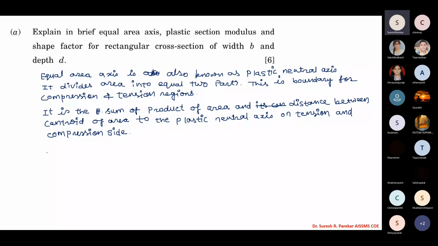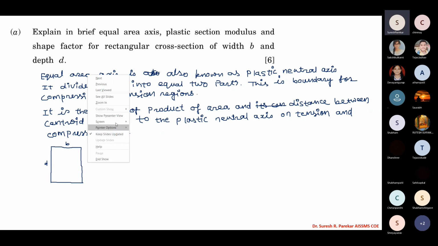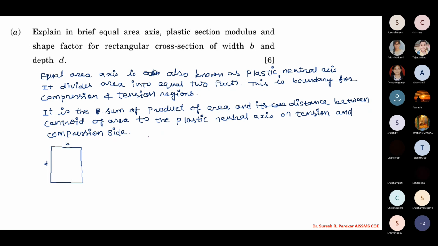So now we will go with this B and D. So this we have cross section given. Now we will first go with elastic section modulus.